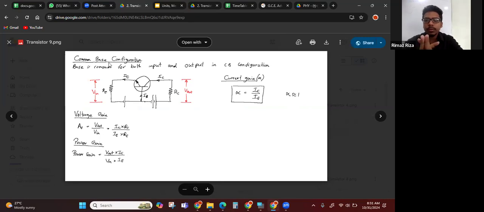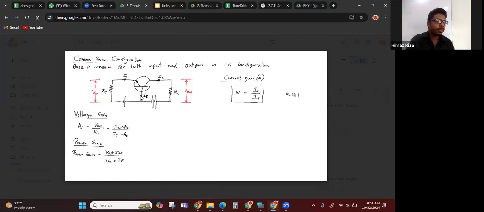So in biasing, there are two requirements. You have to make the BE junction forward biased and the BC junction reverse biased, right? I'm repeating that over and over.